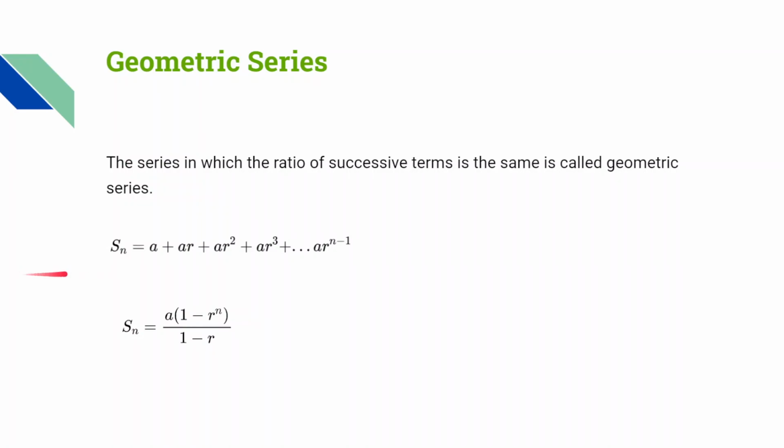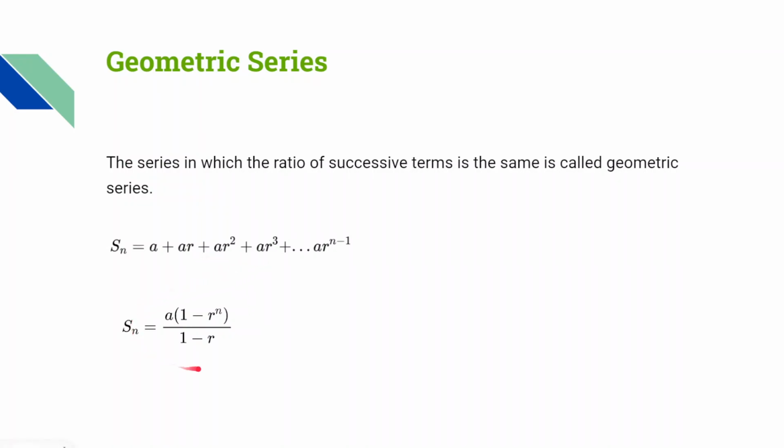Look at Sn is equal to a plus ar plus ar square plus ar cube plus and so on up to ar to the power n minus 1. Look at the series. Every time we go to the next term of the series, we just multiply r with the previous term. This is called a geometric series.